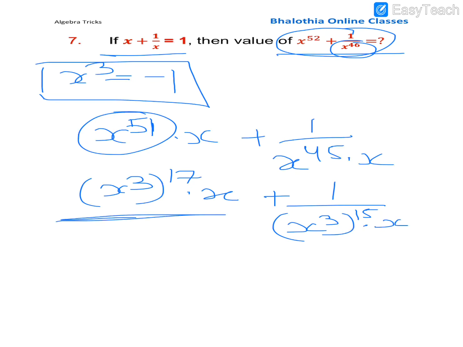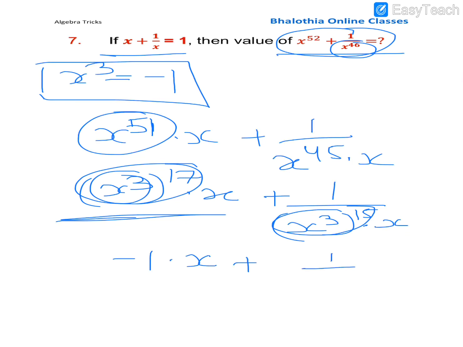So what will it become? X cube equal to minus 1 raised to the power 17, odd powers, right? So it will become minus 1, into x plus, here also the powers are odd, so it will become minus 1, right? So 1 upon minus 1 into x.